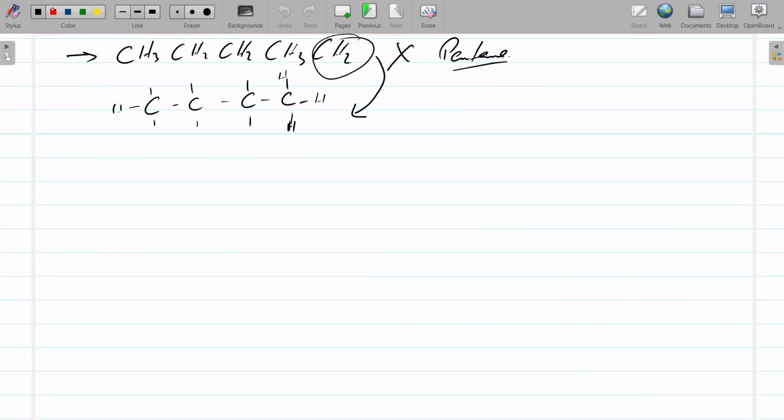Now let's take a look at alkenes. And so you have propene. What is the molecular formula for propene? There are 3 carbons, pro is 3, and 6 hydrogens.